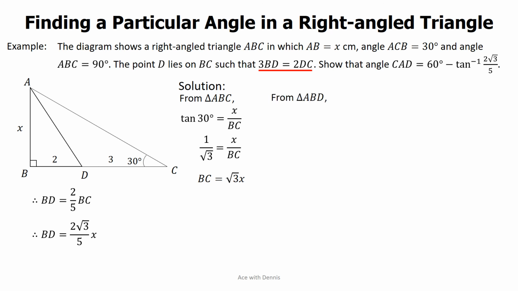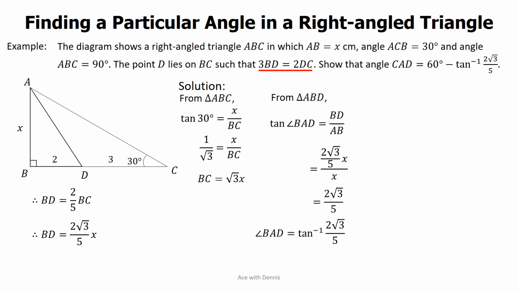From here, we look at triangle ABD. Tangent of angle BAD will equal BD over AB. Then we substitute: BD is 2 root 3 over 5 x, and AB is x. So it will be 2 root 3 over 5. Now, angle BAD will be inverse tangent of 2 root 3 over 5.